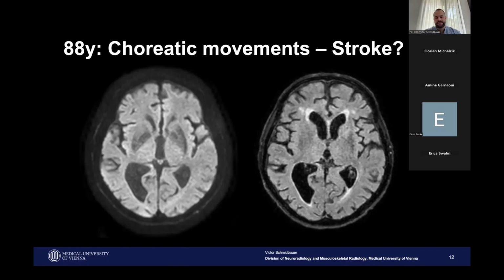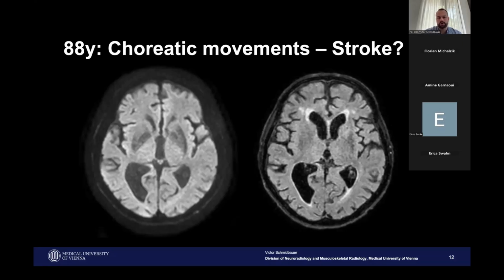On the left side, you can see the diffusion-weighted sequence. There is no diffusion restriction present. And when we take a look at the T2 FLAIR sequence, there is also nothing which explains these choreatic movements. It was at the end of last year that I had the idea to integrate our MDME sequence, SyMRI sequence, into our stroke protocol.